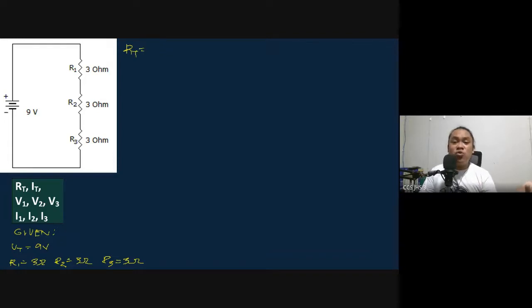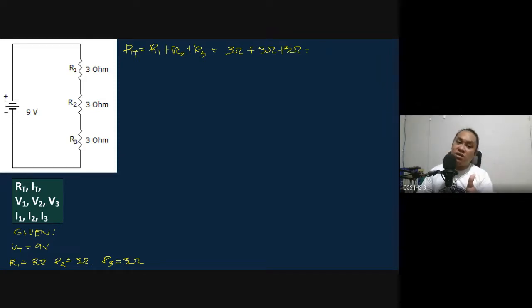We just have to add the values of our individual resistances. So this will become R sub T is equal to R sub 1 plus R sub 2 plus R sub 3. Let's substitute. So R sub 1 is 3 ohms plus 3 ohms for R sub 2 plus 3 ohms for R sub 3. So 3 plus 3 plus 3.